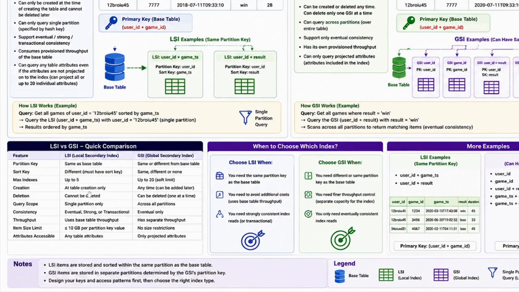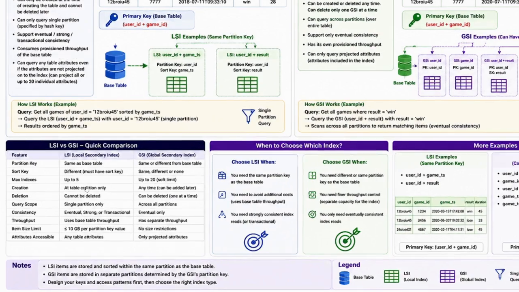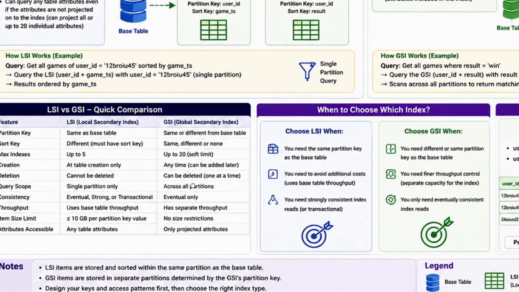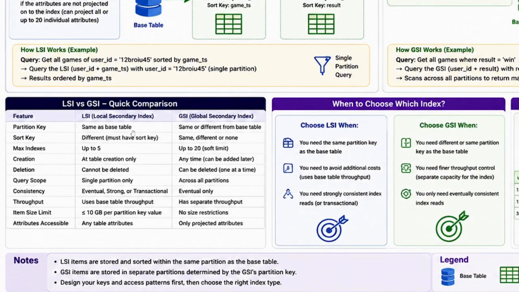So just a quick comparison again. In LSI, partition key same. GSI can be different or same. Same for sort key. Maximum indexes for LSI 5. GSI 20 is the soft limit. You can change it by writing to AWS.